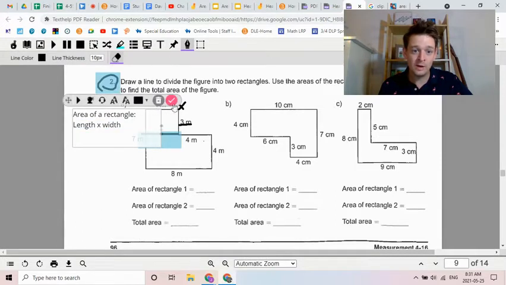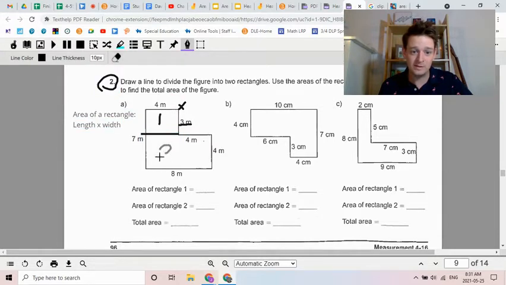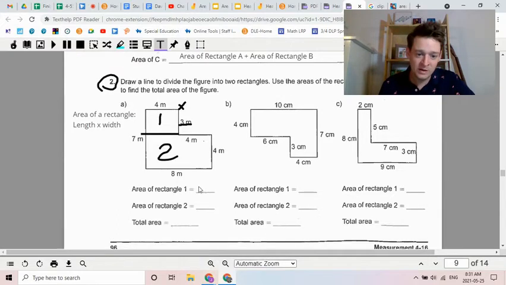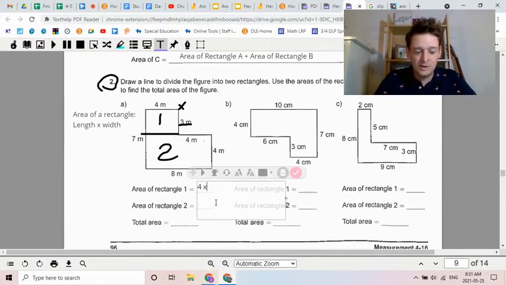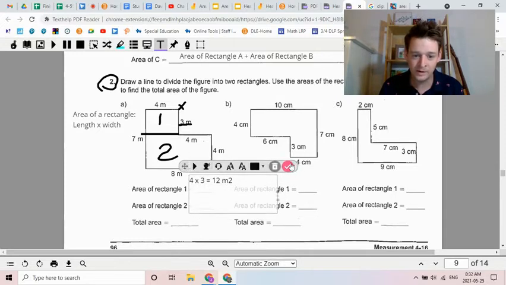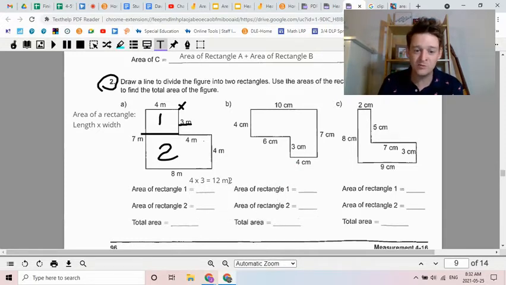So I have rectangle 1 and rectangle 2. Here's rectangle 1. Here's rectangle 2. So area of rectangle 1 is going to be length times width, which is 4 times 3, and that equals 12 meters squared. I'm just going to put the 2 beside it because I'm not using a drawing tool. If you're using a drawing tool, you could put it up on the shoulder there. If you just skipped and wrote 12 meters squared instead of writing 4 times 3, that's okay.